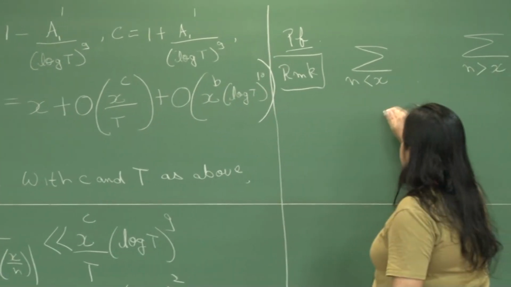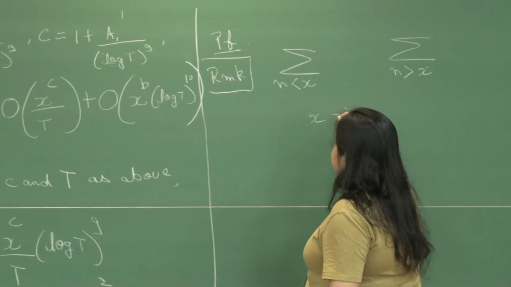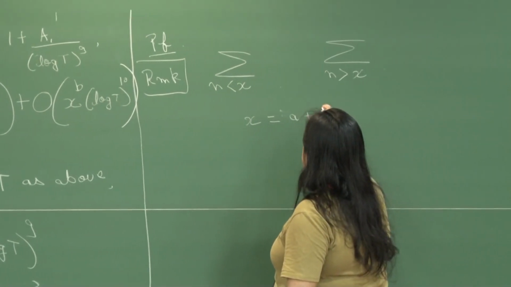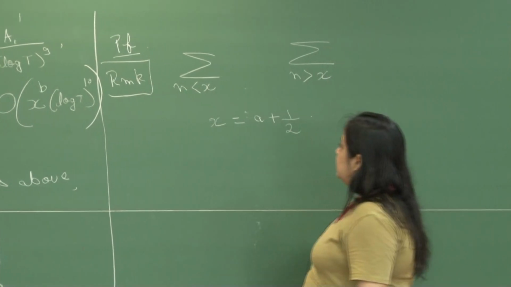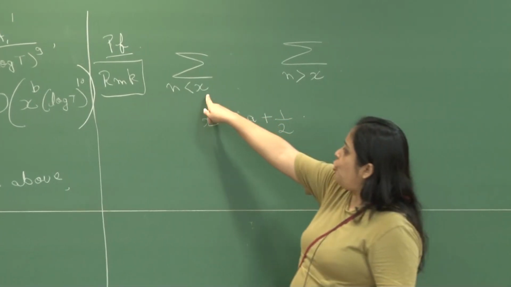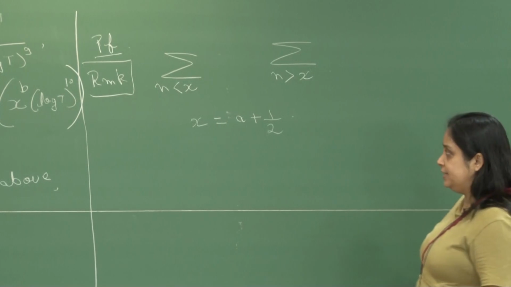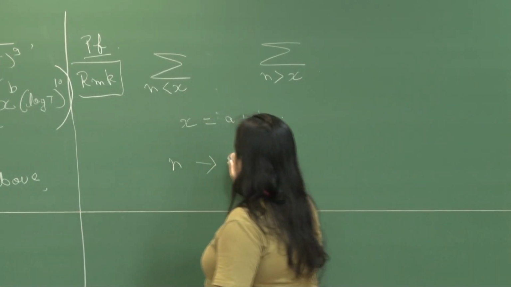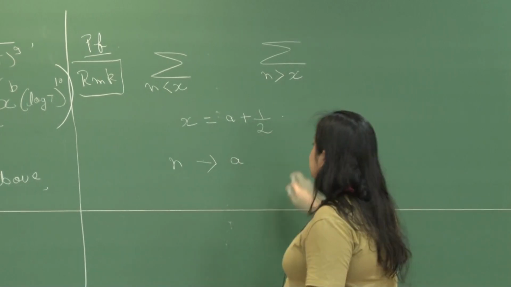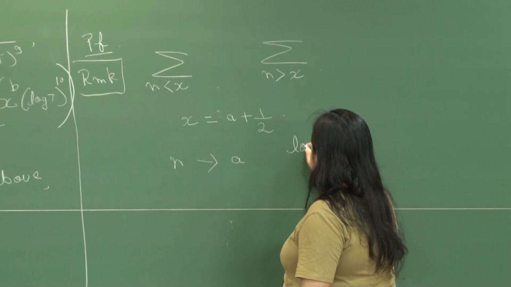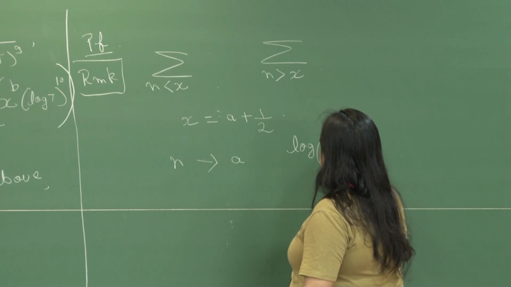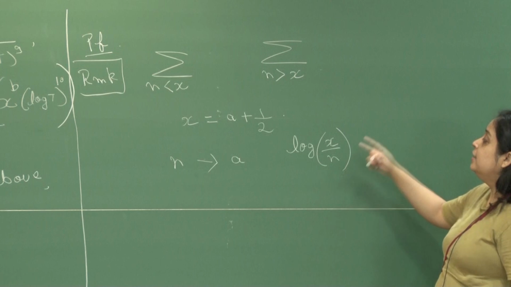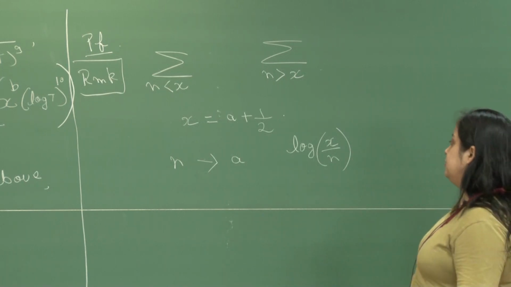Okay, now what happens when you have n less than x? You are choosing x to be n plus a half. So x is of the form a plus a half. So if n runs all the way up till the greatest integer of x, n is going all the way up till a, right? So now what can you say about log of x over n? n is less than x, so the absolute value of log of x by n would be equal to log of x over n.